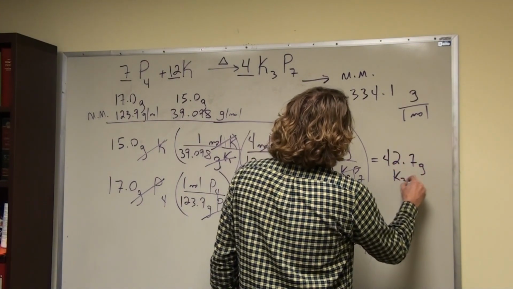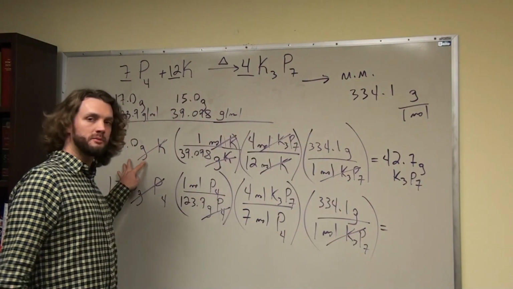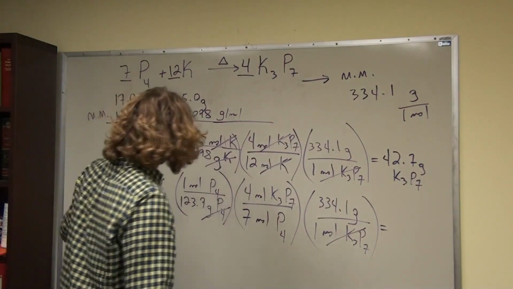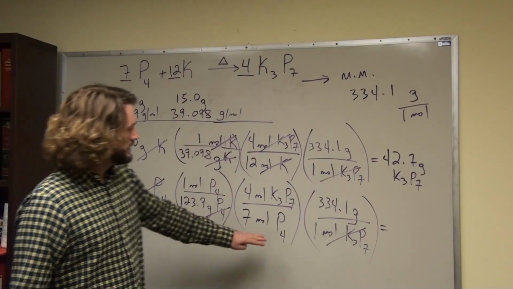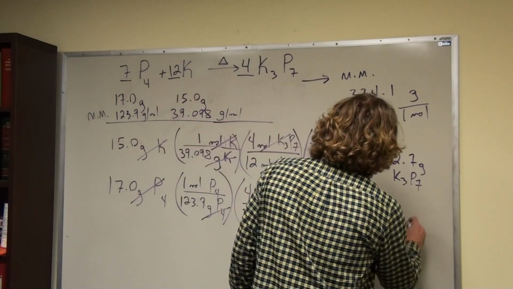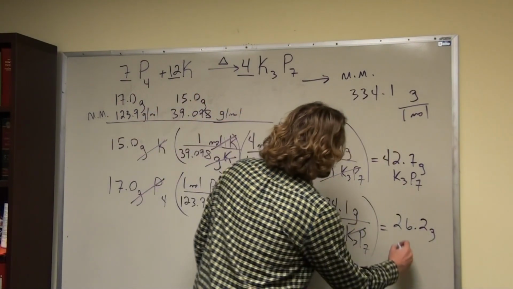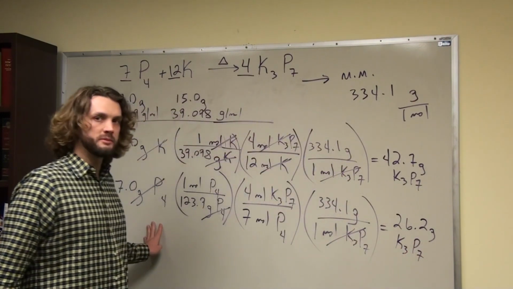grams of K3P7 that could be formed if I use only 15 grams of potassium. And so from our P4, same idea, 17 divided by the molar mass of P4 times 4/7 times 334.1, and I get 26.2 grams of K3P7 allowed from that 17 grams of P4.